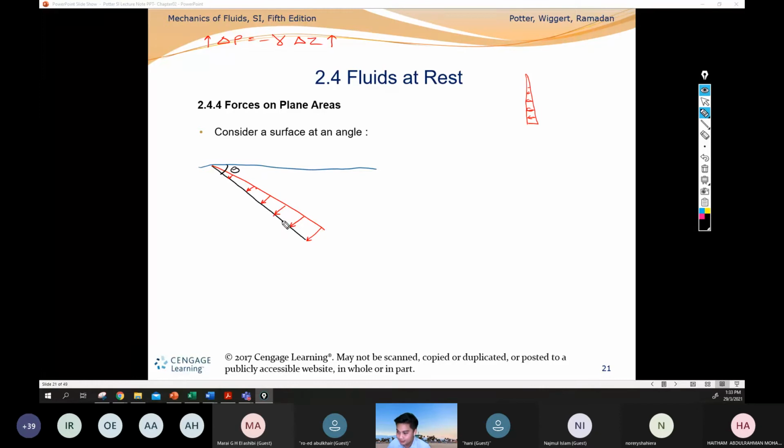Let's say this is the centroid, at the middle of the area, because we consider it as a plane. So where is the resultant force? Definitely, the resultant force will be below the centroid.